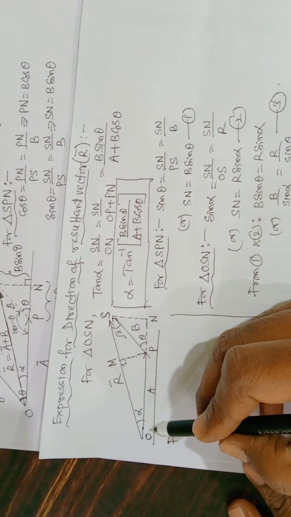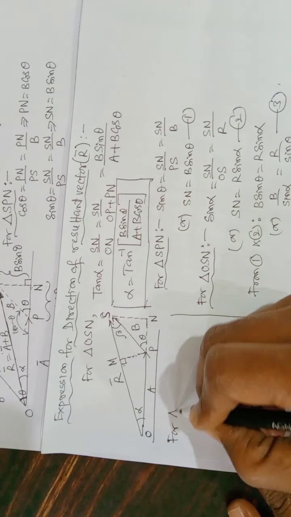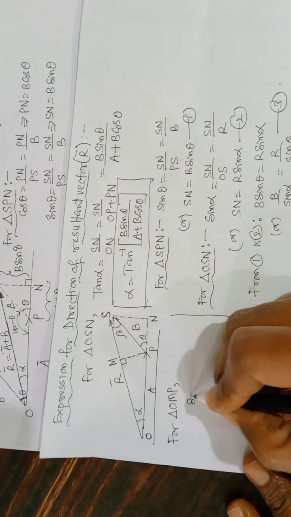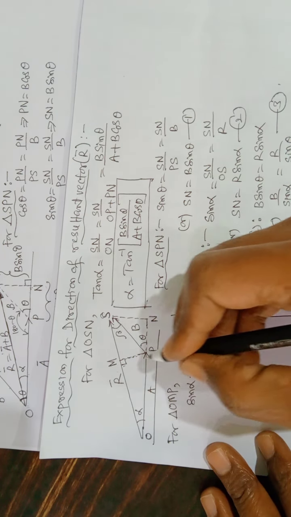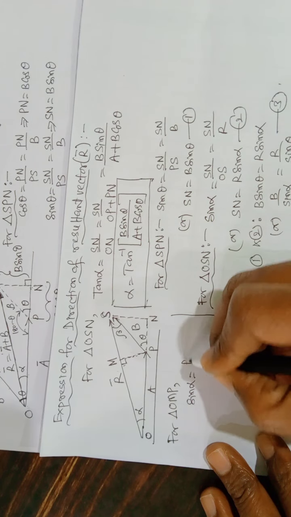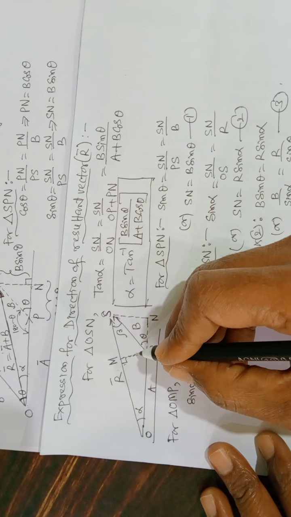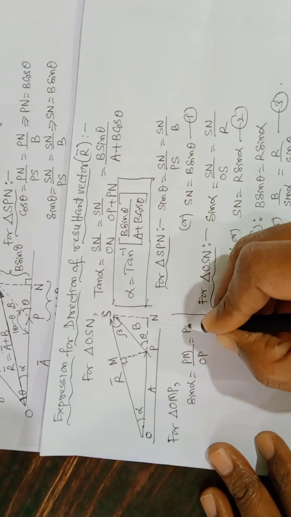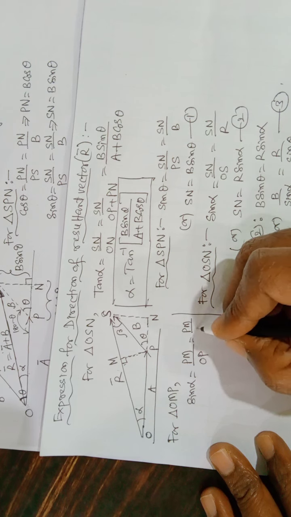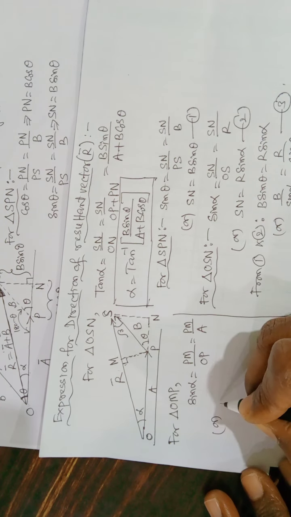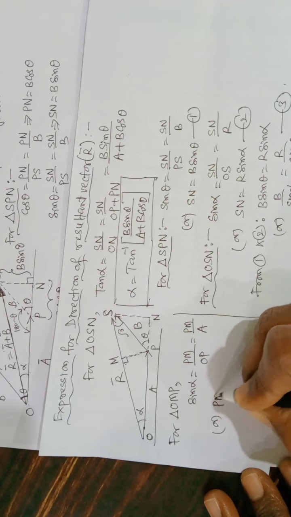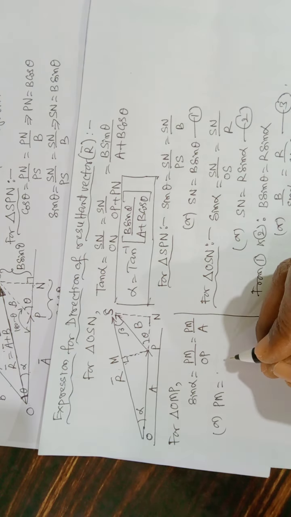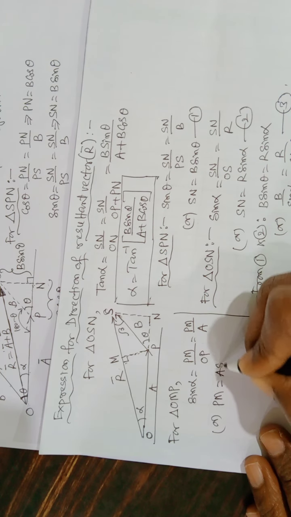For triangle OMP, sin alpha is equal to PM, opposite by hypotenuse, OP means A, or PM is equal to A sin alpha.